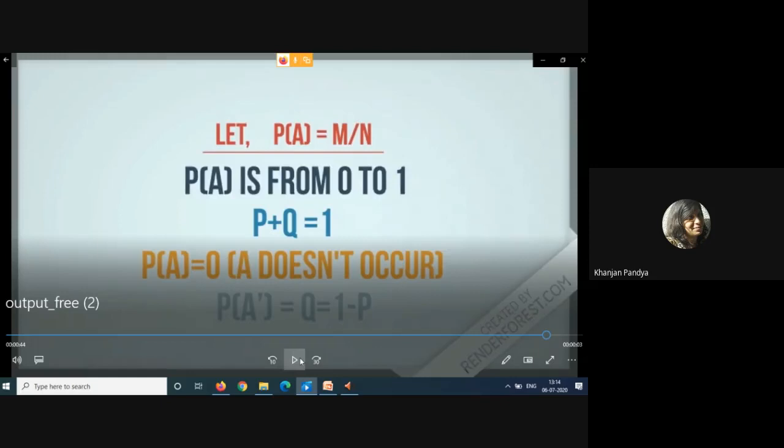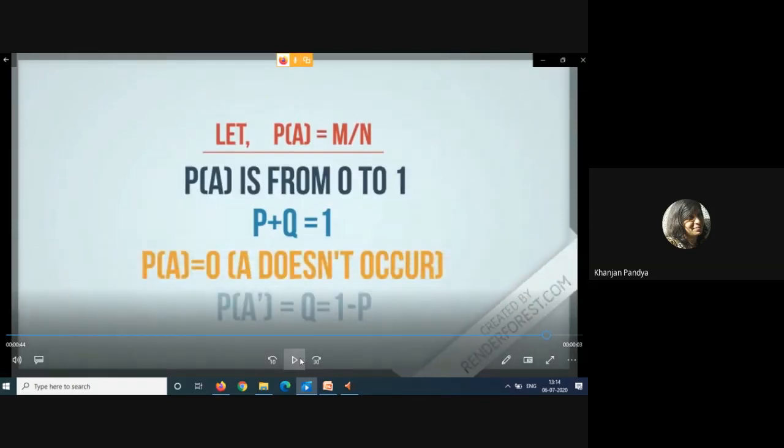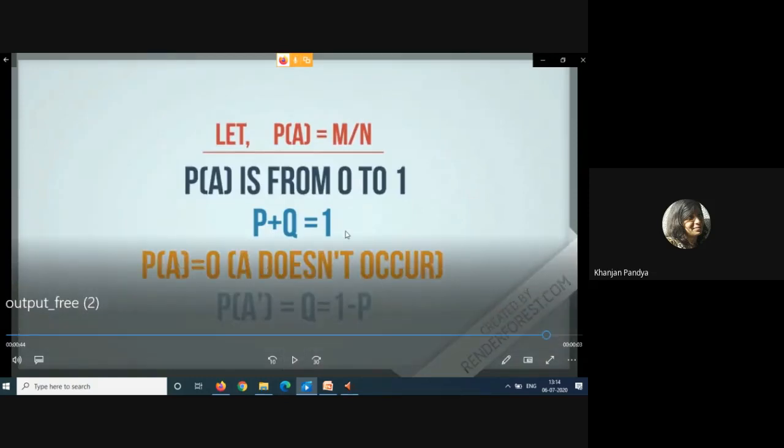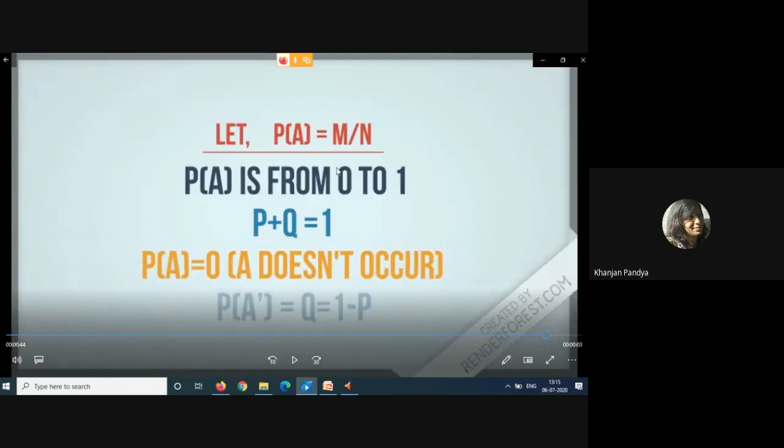Here everything is a small letter, but because of some problems, the faculty has put everything in capital letters. Right, you have to think of all of them as small letters only. So let P of A be M upon N, then P plus q is 1, because P of A, the probability of A, is from 0 to 1 only.